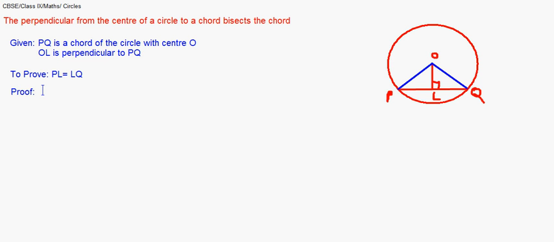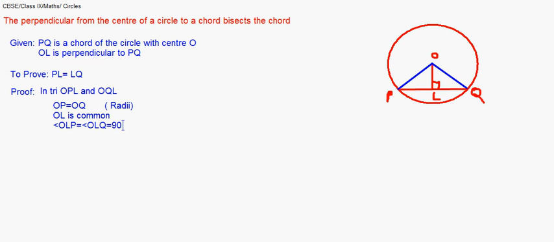If we prove the congruency of these two triangles OPL and OQL. So in triangle OPL and OQL, what do we get? We know that OP is equal to OQ. Why? They are the radii. OL is common, and also we know that angle OLP is equal to angle OLQ.